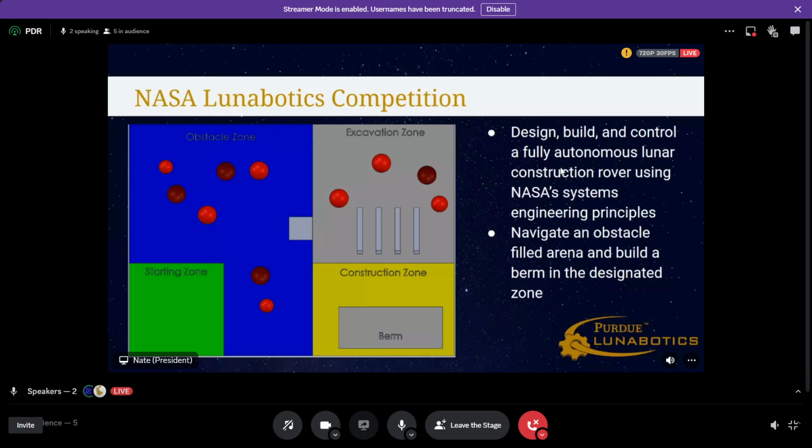So you can see there are going to be some difficulties with placing those trenches in the excavation zone. But this is what the overall arena looks like. And our goal is, of course, to start from the starting zone, navigate to the excavation zone, trench, then store that material, move it to the berm area, and deposit it.